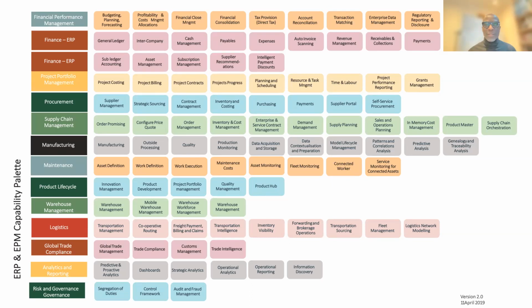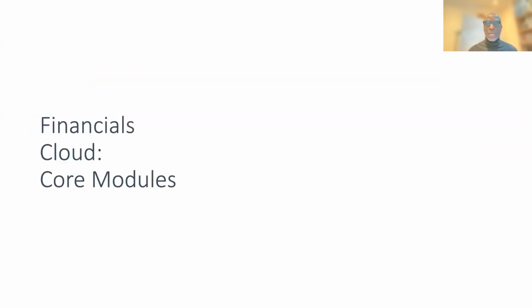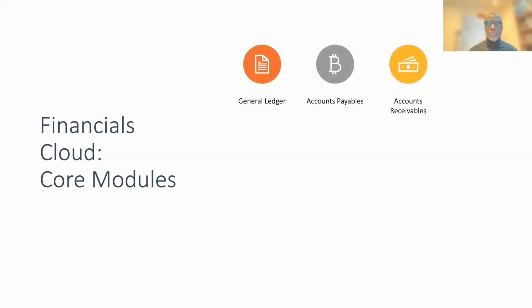And the core financial modules that you will be looking at in general are mainly the finance suite, which includes things like your general ledger, your payables, you've got accounts receivables, you have cash management. So we'll be covering all these four in this course.